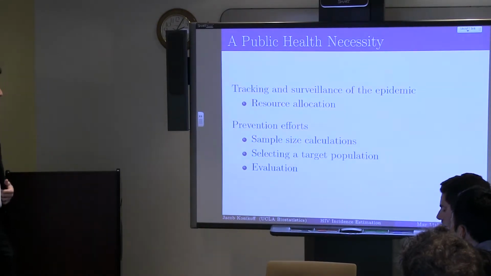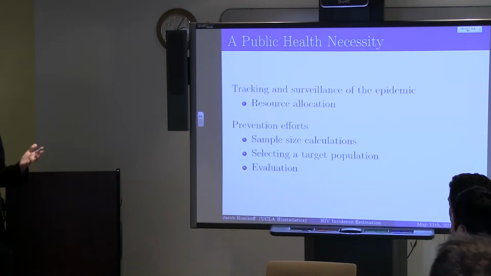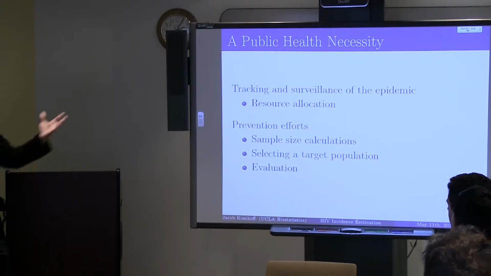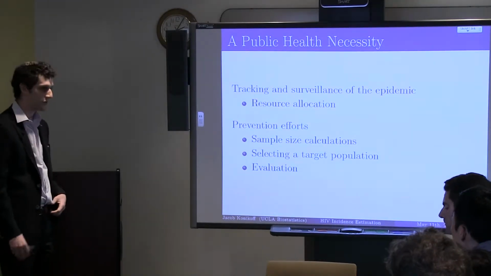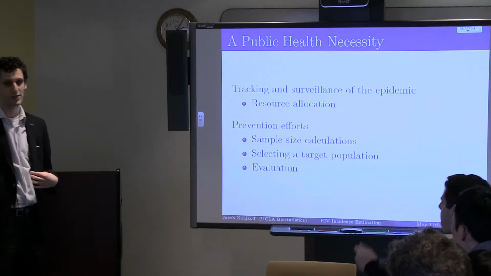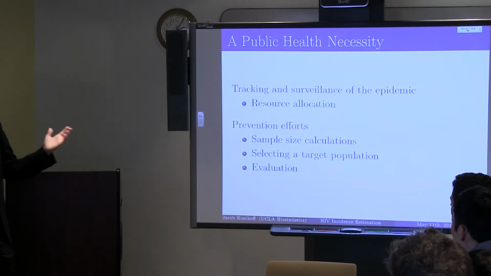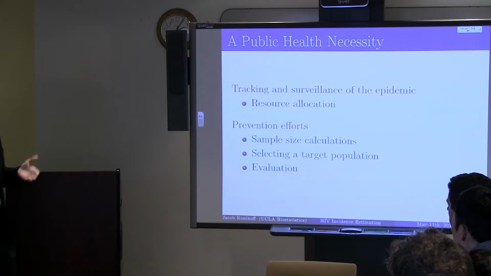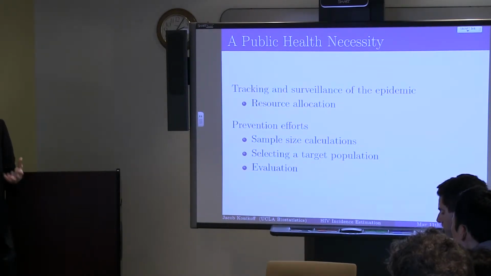And the other main reason is prevention efforts, or prevention trials to see if prevention efforts work. If you're going to be running one of those trials, the first thing you're going to need to do is a sample size calculation. You're going to need to figure out how many people you want to include in one of your surveys. And that's going to depend on what the underlying incidence is.